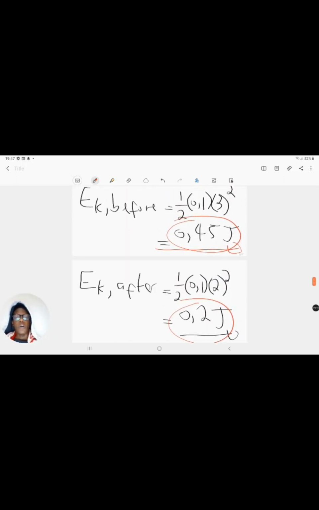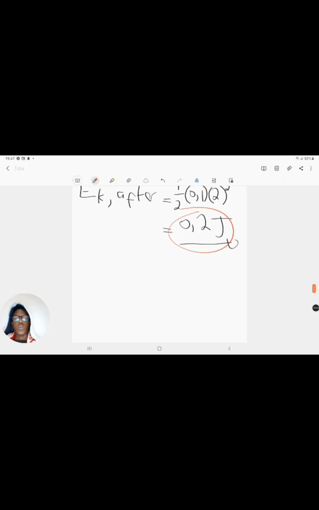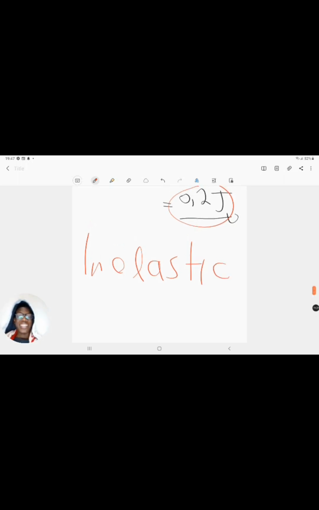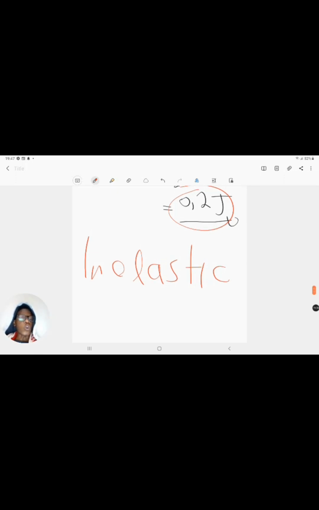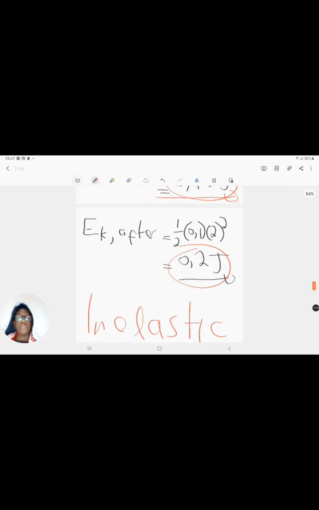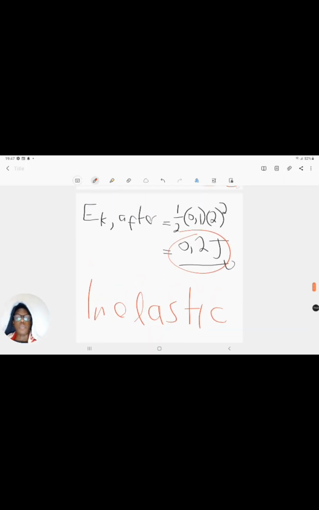Therefore, to answer the question, the collision is inelastic. And probably 100% of the cases that you're going to come across in real life are going to be inelastic. There's always going to be a sound released when two objects make contact. When two objects make any considerable contact, there will be a sound released.